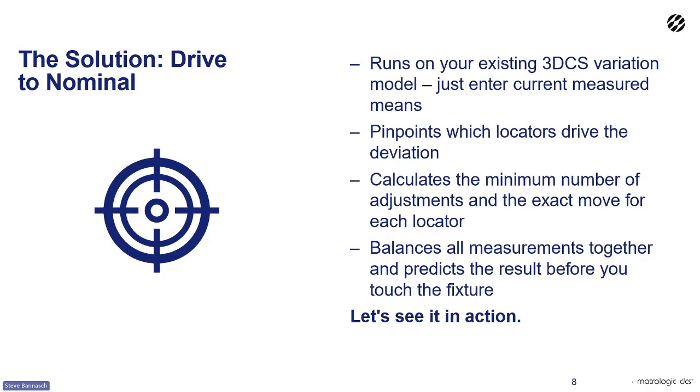Drive to Nominal identifies which locators are driving dimensional deviation, calculates the minimum number of locator adjustments required, determines exactly how much each locator should move, and predicts the outcome before a single fixture is adjusted. Instead of asking, what should we try next, your team can confidently answer, here's exactly what needs to change.